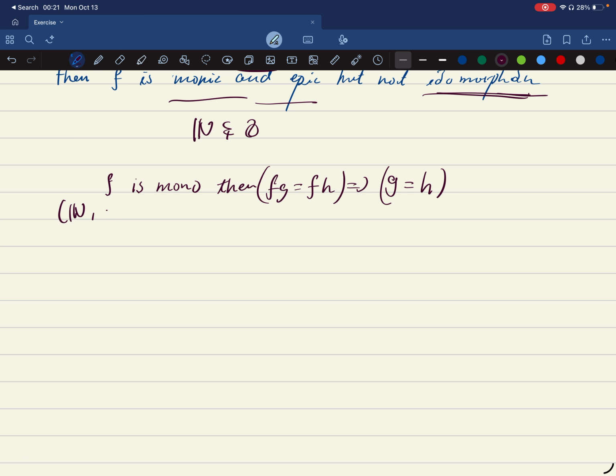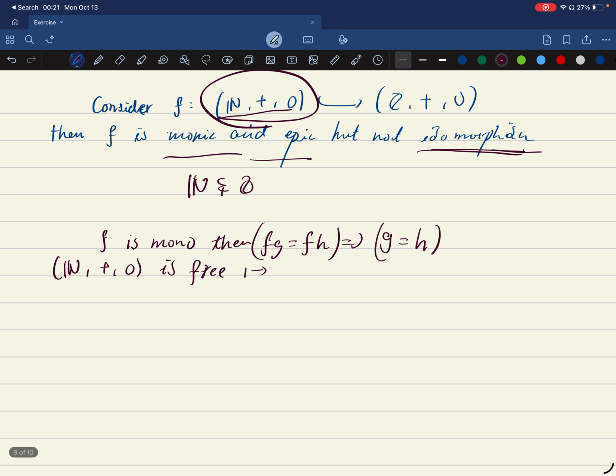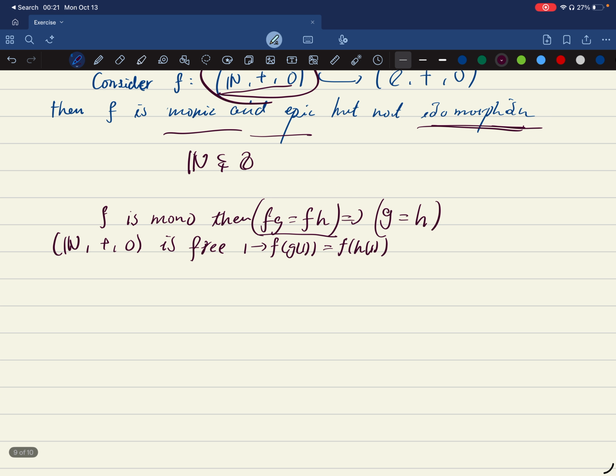Because this thing is free, so this mapping, let's say because we have this assumption that this thing holds, F G1 equals F H1, at this moment this thing determines a unique monoid homomorphism.